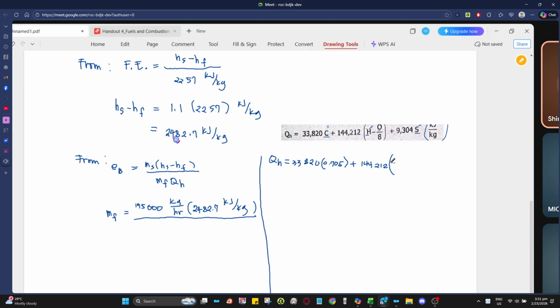Hydrogen is 0.045 minus 0.06 divided by 8, plus 9304 times the sulfur content of 3%, 0.03.